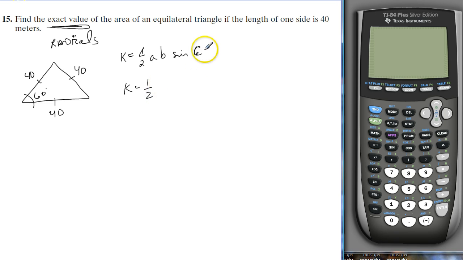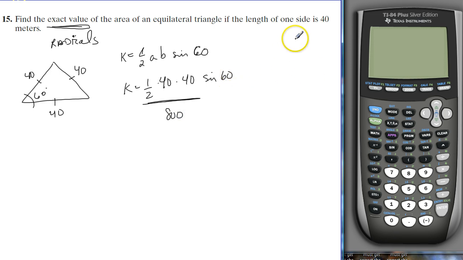But now I'm not going to punch in this sine 60 into the calculator. So what I would do is do this part first. So punch that in: 1/2 times 40 times 40. So you're going to get 800.